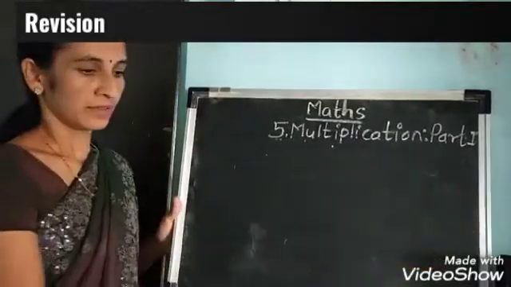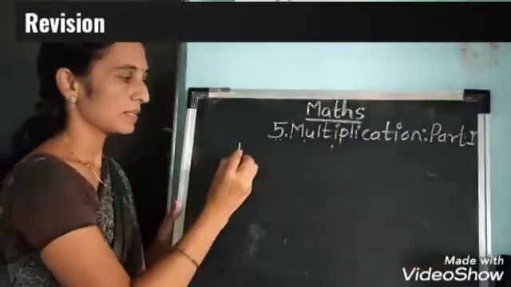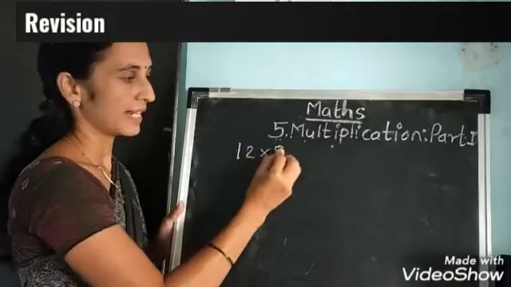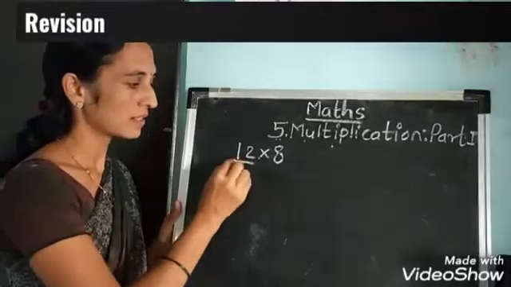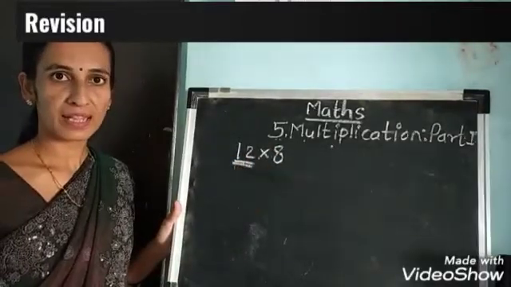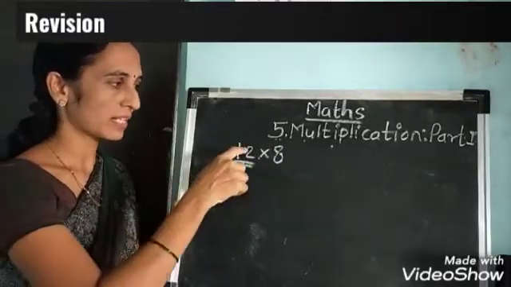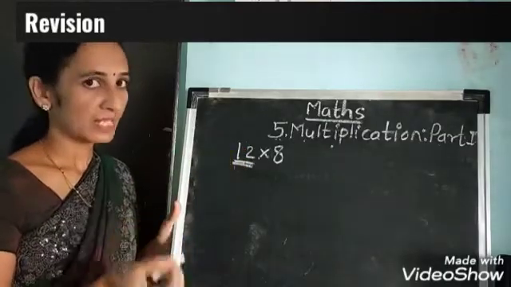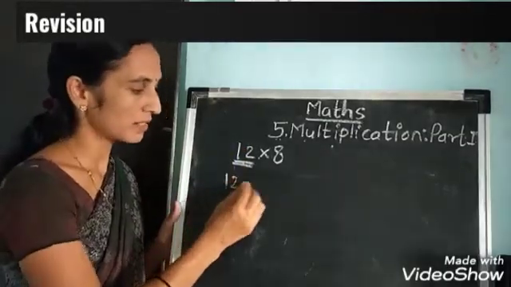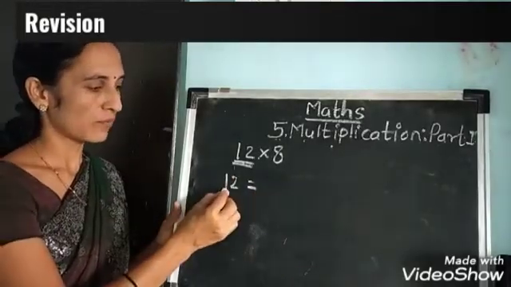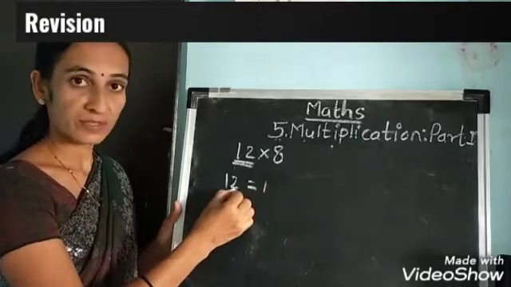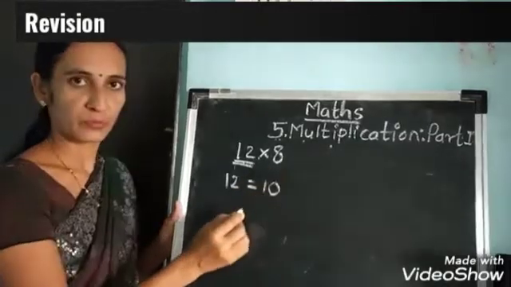See here. What is our example? 12 multiplied by 8. Do you know expanded form? How to write the expanded form of 12? To solve by the lattice method, we first have to write the expanded form of 12. See, 1, and after 1 there is one more digit, so put 0.